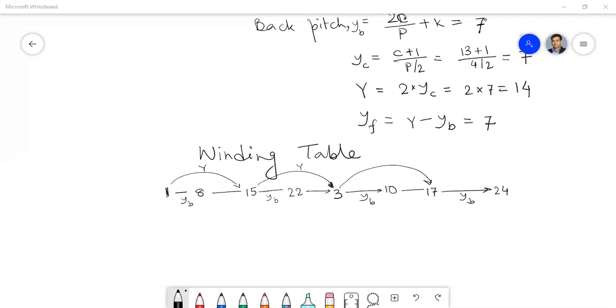That is a very common thing. But today you just tell me what will be the next coil side just after the 24. Just after the 24, which coil side will come?